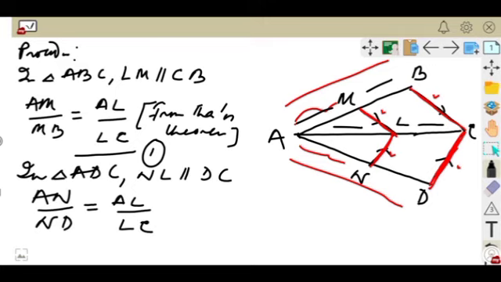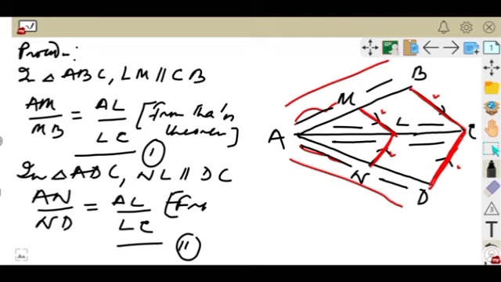Let me show you how I write here. AN by ND, then AL by LC. And this is equation 2. And here also you can write from Thales theorem.